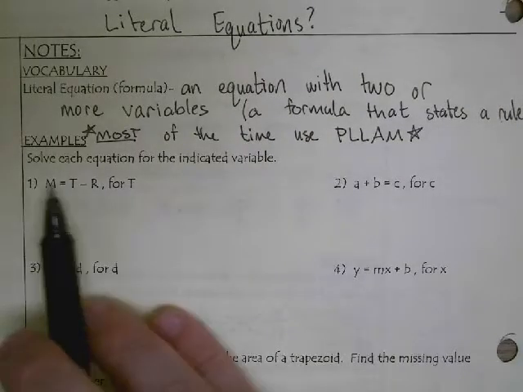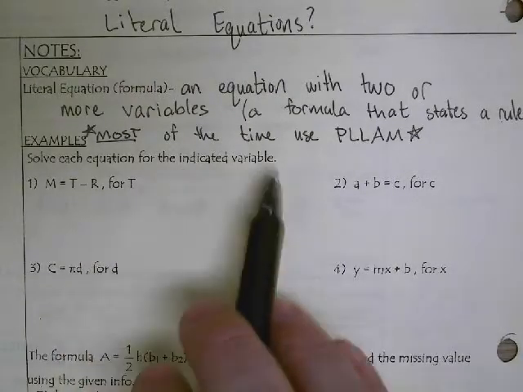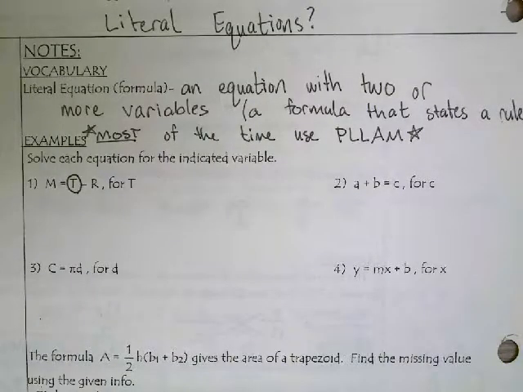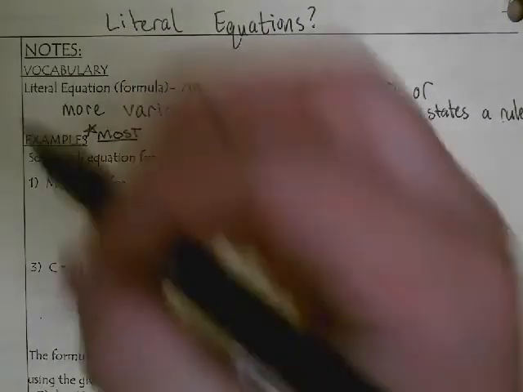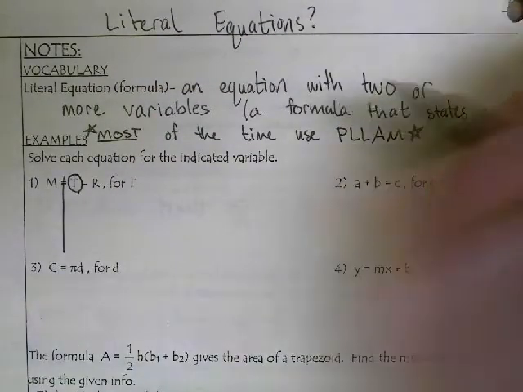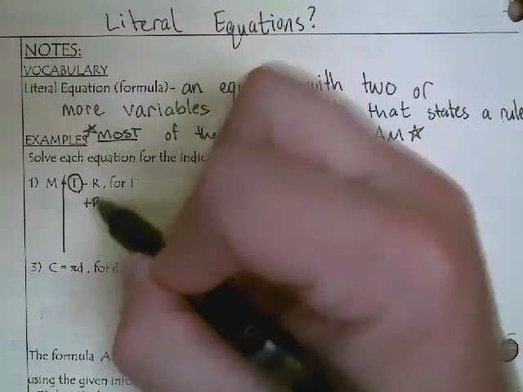So when I'm looking at number 1, I want to solve each equation for the indicated variable. So we're solving this equation for t. When we say solve for, what that means is we want to get t all by itself on one side of the equal sign and all the other stuff on the other side. So I'll draw my line, and if I want to get t by itself and I have a minus r, I'll need to add r to both sides.